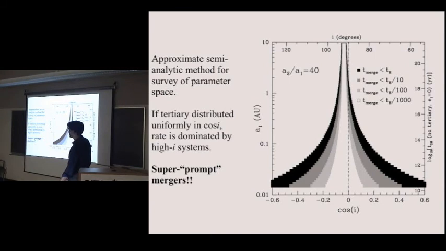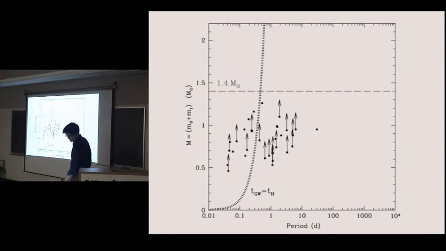So if you want prompt mergers, this is one way to go. If you want prompt type 1a supernovae, you can do it this way, because you can drive gravitational mergers by gravity waves like that. One thing you could do is go back to this plot, and one way to graphically illustrate this is to put down lines that correspond to 1,000 Hubble times, 10 to the 6 Hubble times, 10 to the 9 Hubble times.